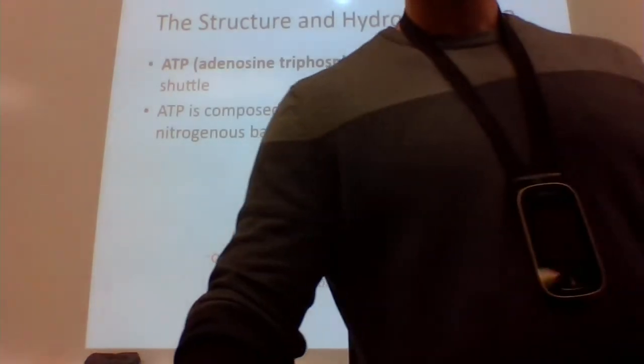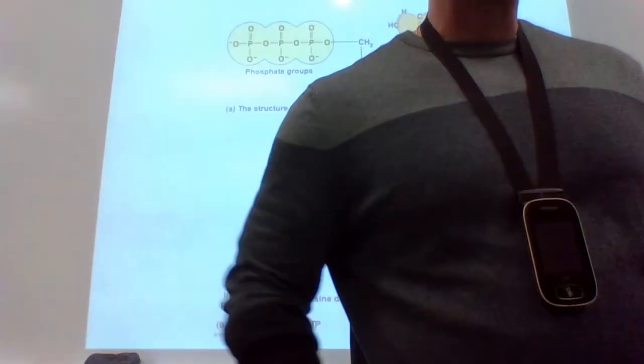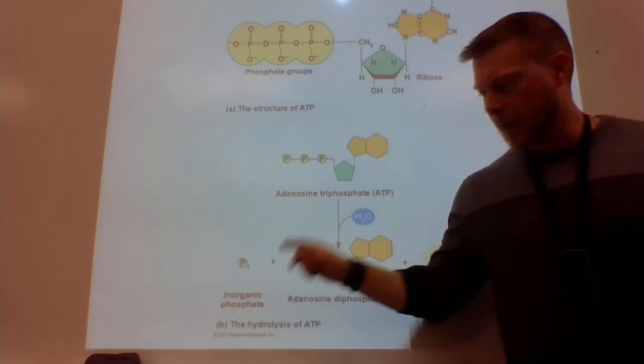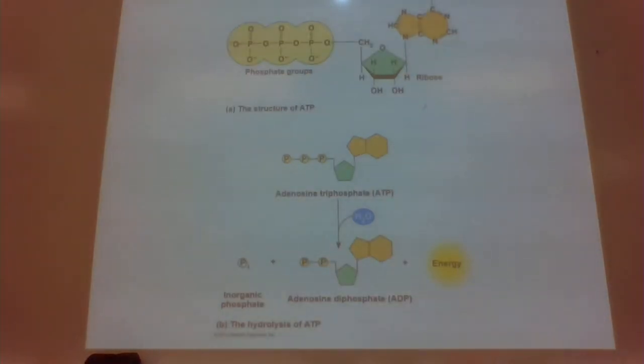So, how do you release the energy found in ATP? You cut off the last phosphate group. Bam. Cut it off. How do you cut a bond? Hydrolysis.